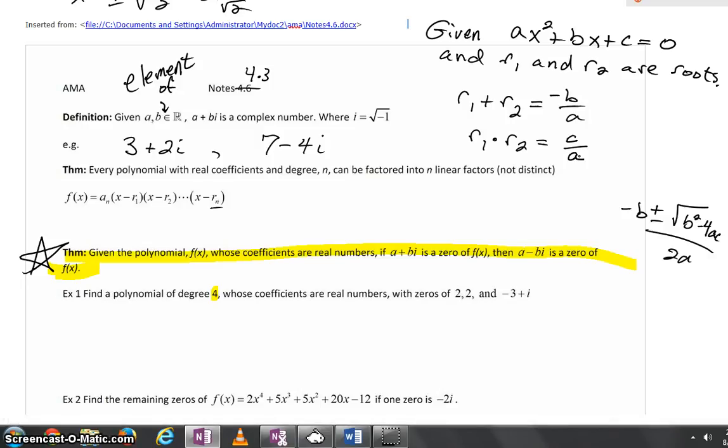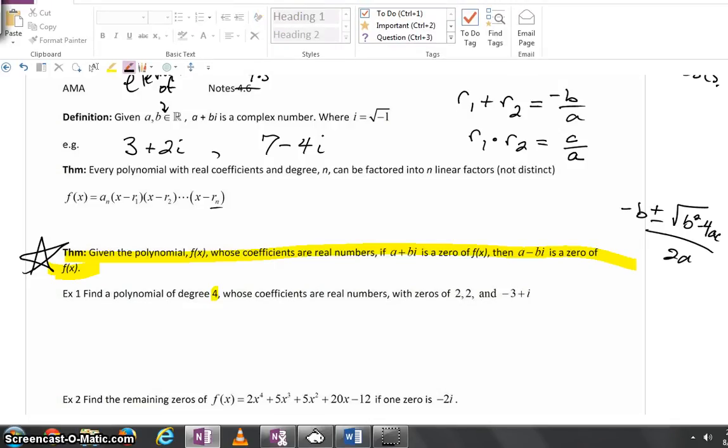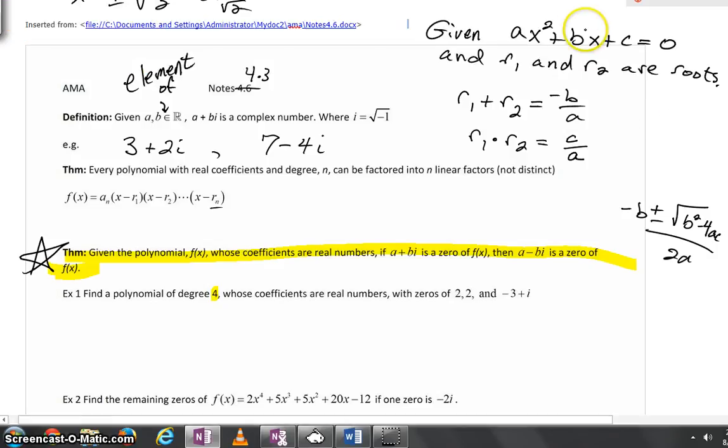Sometimes students will understandably say, well, what do you mean B and A and so forth? Well, my goodness, right now I hope that you know that the B that I'm talking about is in the quadratic equation up here, and here's your A. And the C is up there as well.